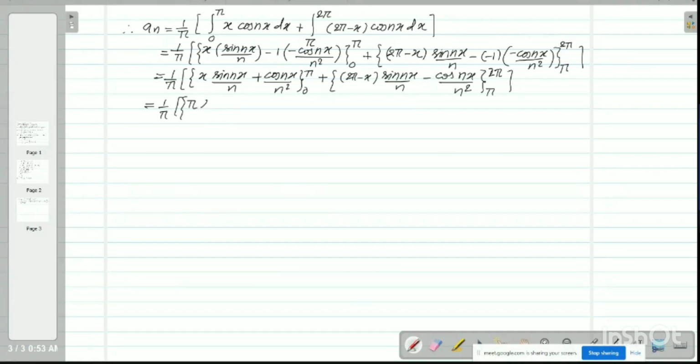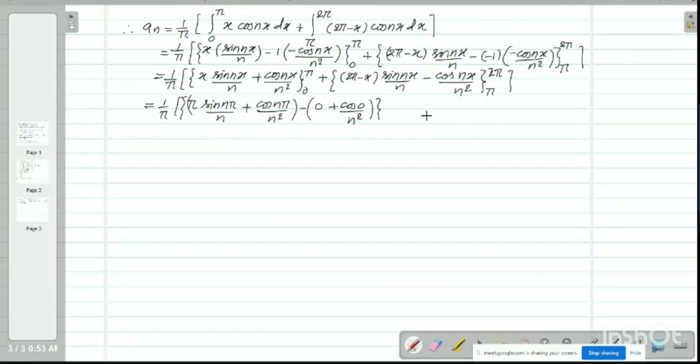So this is sin n pi by n, and plus cos n pi by n square. This is upper limit minus lower limit. So here instead of x we put 0. Anything multiplied by 0 is 0, and plus cos 0 by n square. This is the first term.